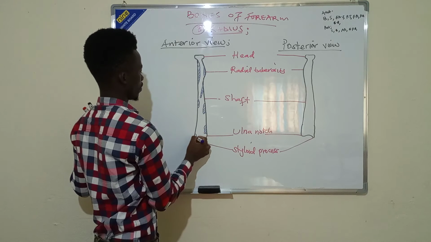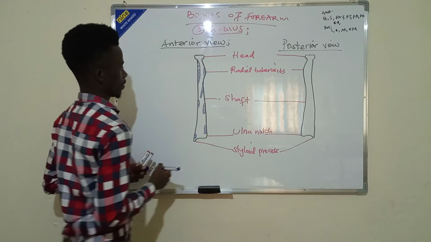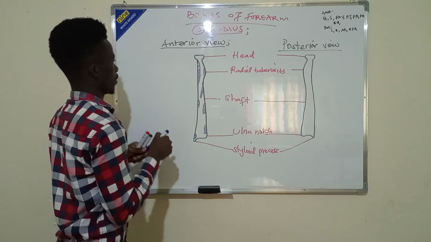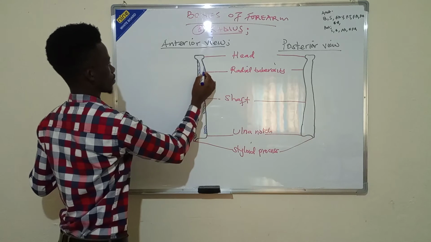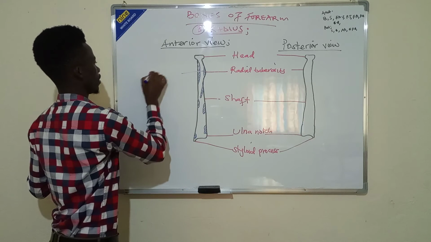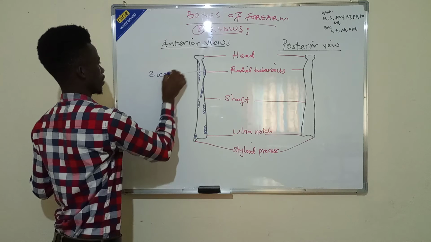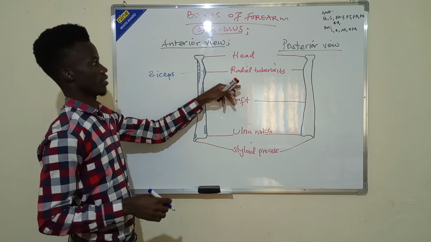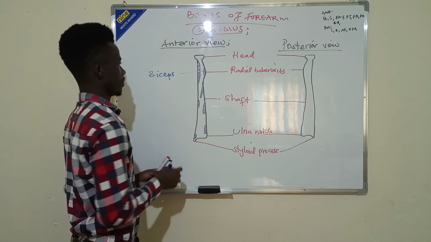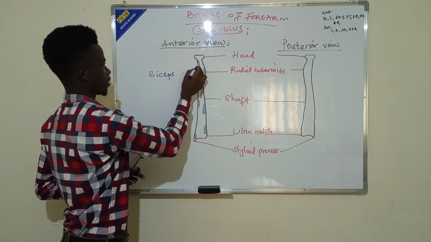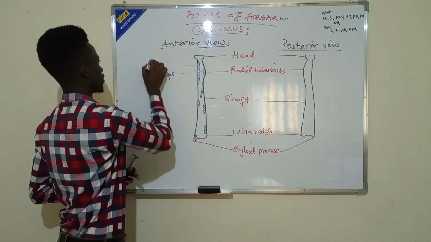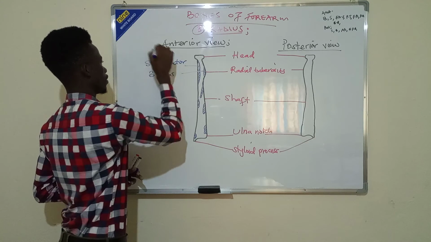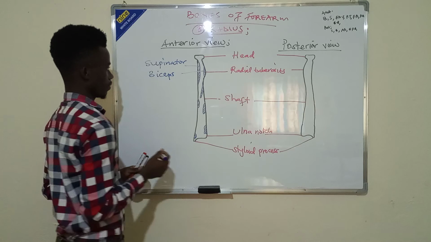These muscles: this one is known as the biceps. So biceps brachii makes its insertion onto the radial tuberosity. Then on this side here, we have the supinator muscle, originating from there.